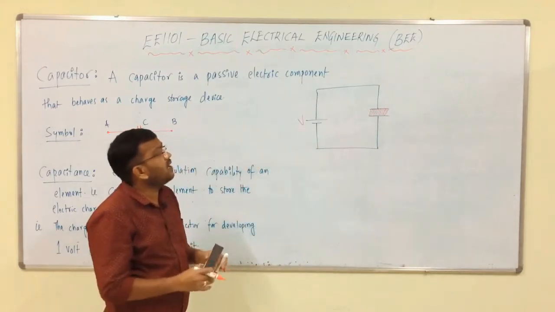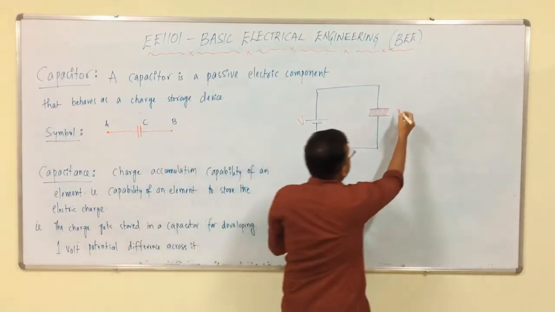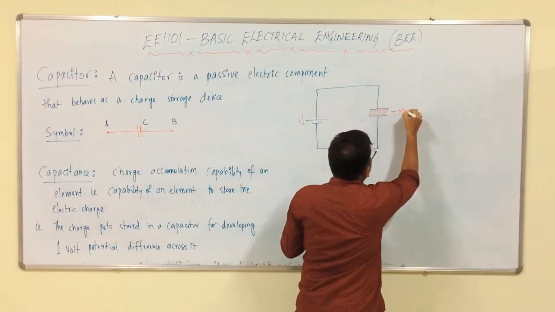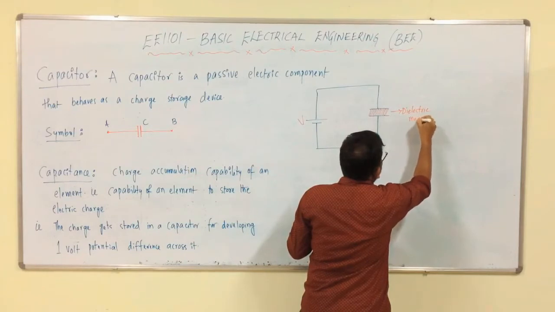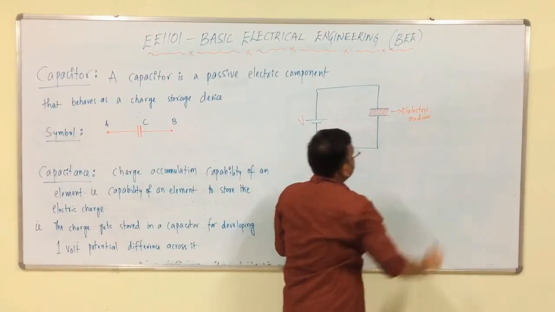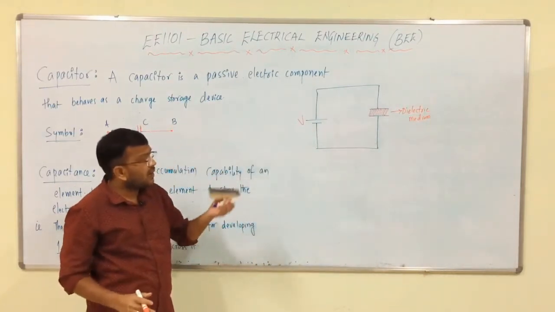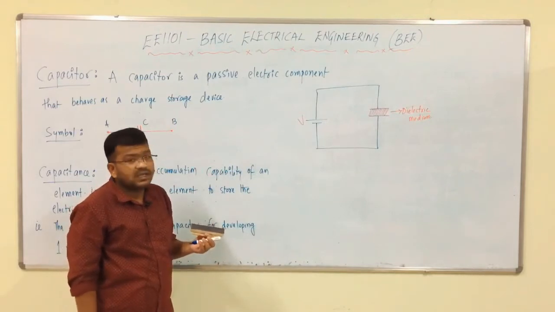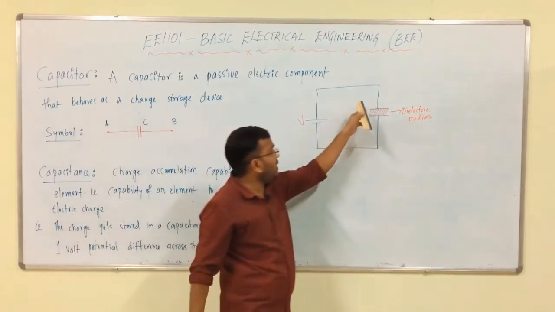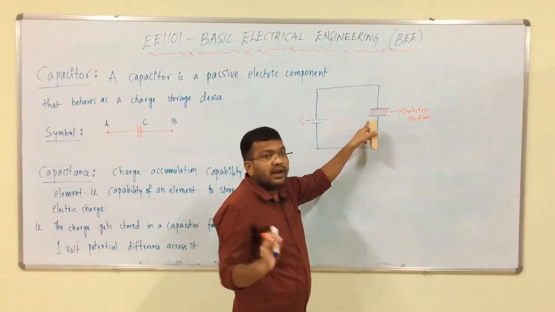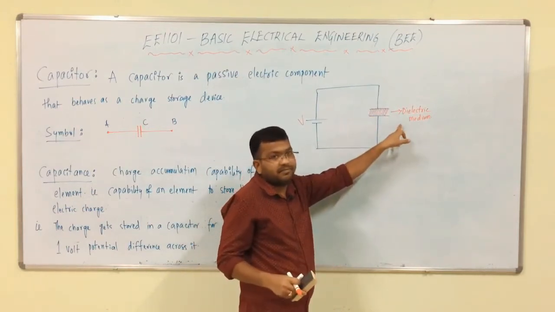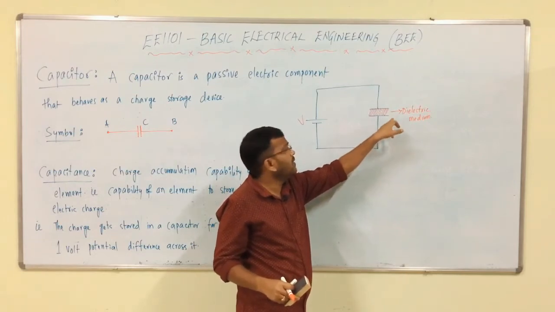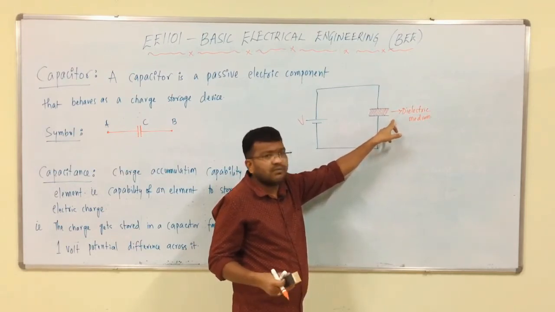Why do we need this dielectric medium? Because of this dielectric medium, the charge which is accumulated on the positive plate and the negative plate cannot migrate from one plate to another plate. That is why we provide some dielectric medium, for example some wood.